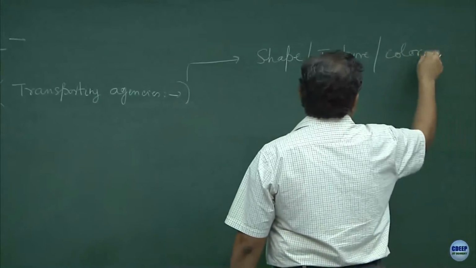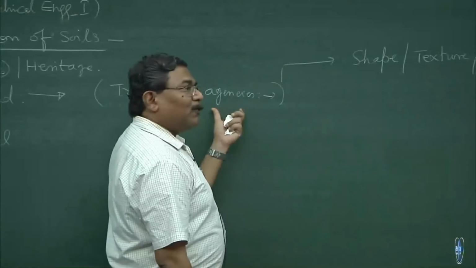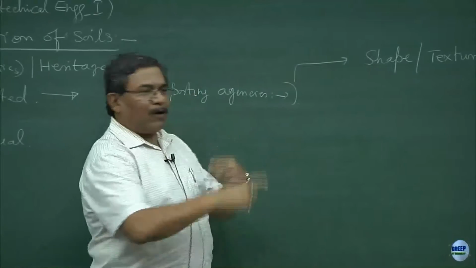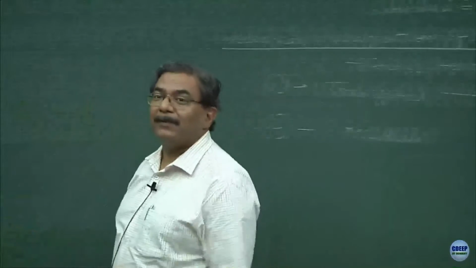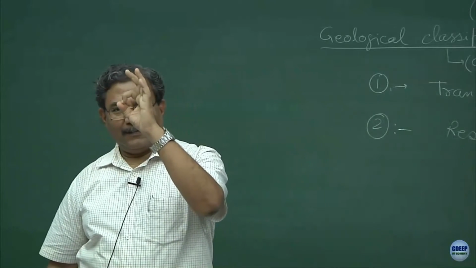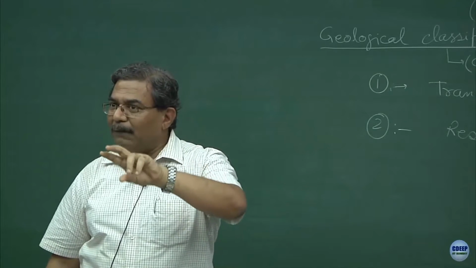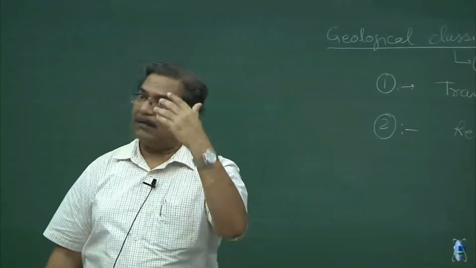Why? So, if water is the carrier agency, what is going to happen? All these particles will be getting washed, I do not know how many times in their entire life. So, what will happen? Shining particles, and more and more abrasion takes place because of the rolling effects.